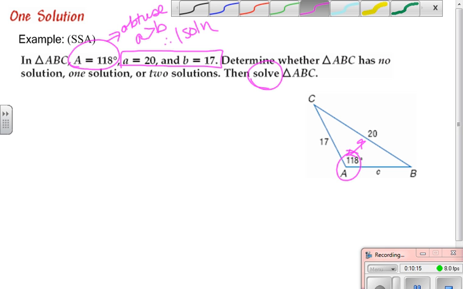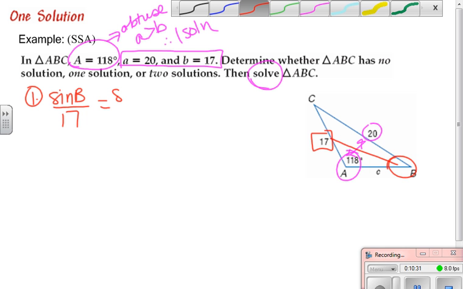Those are my two values I know to start. I'm going to go ahead and set up a ratio. Now, I know 17, that goes with B, and so that is where I have to start. So the sine of B over 17 is equal to the sine of 118 over 20. Cross multiply and divide.